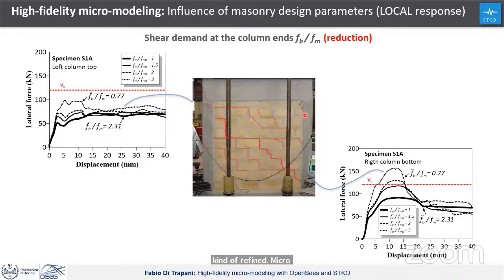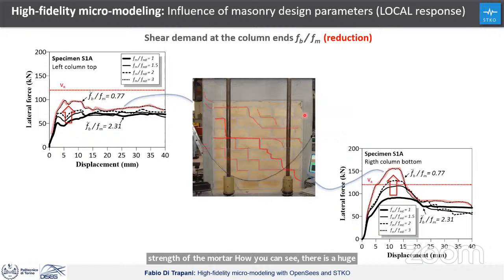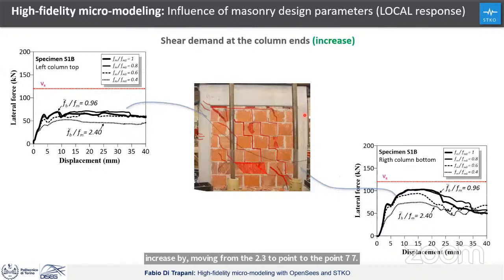These are some examples of how the local shear demand is changing by increasing the strength of the mortar. As you can see, there is a huge increase by moving from the 2.3 to the 0.77 brick to mortar ratio.